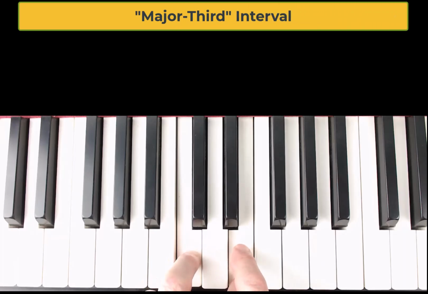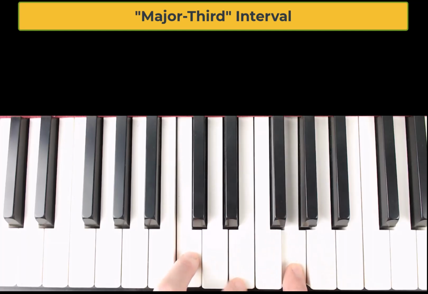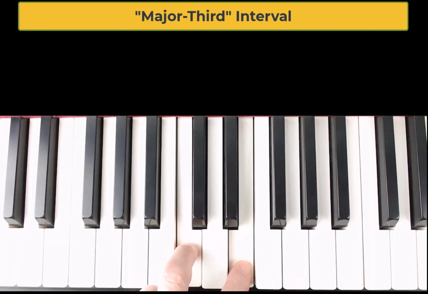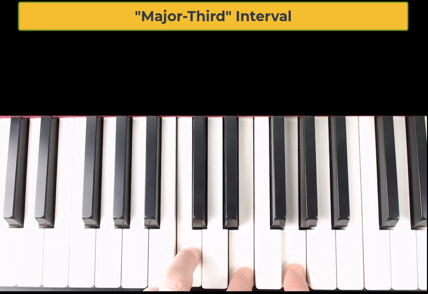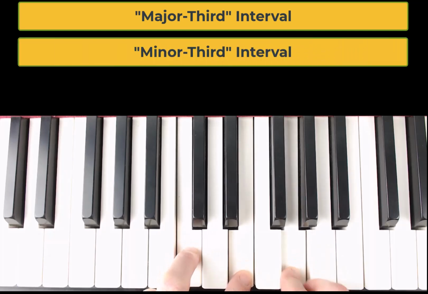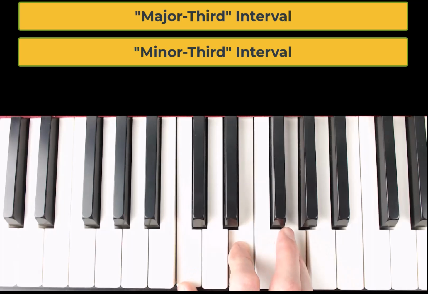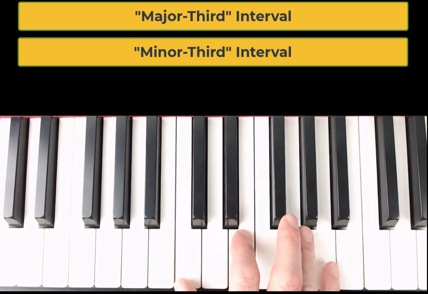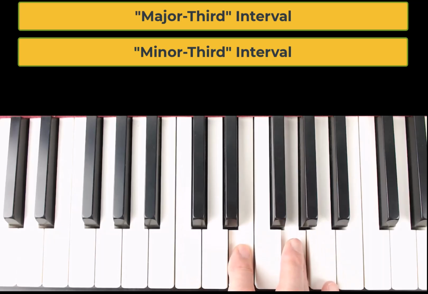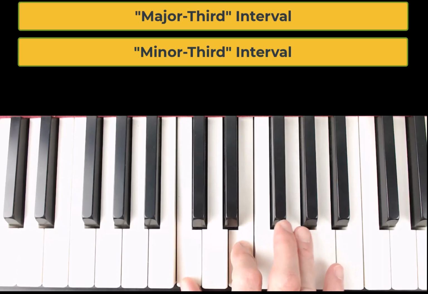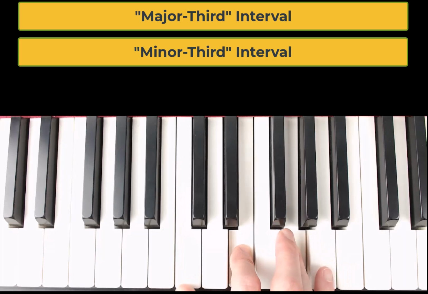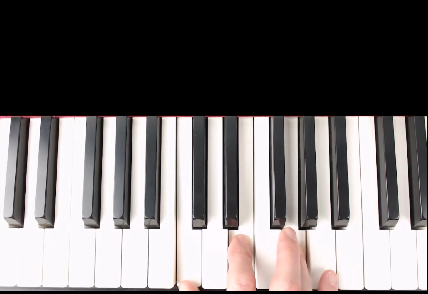But then when we go from here to the third note of this chord, there's a 1, 2, 3, which is a minor third interval. So some people would say a major chord is a major third interval with a minor third interval stacked on top of it. I don't want to beat this up, but it's another way to look at it.